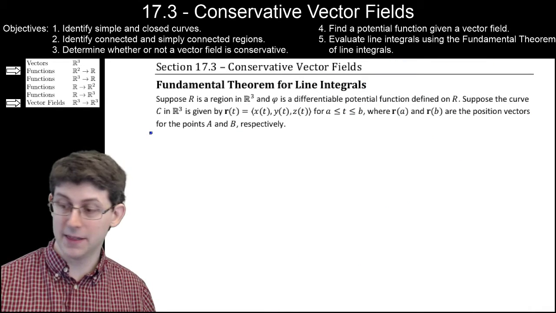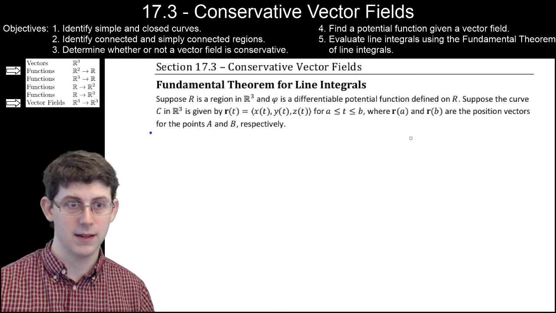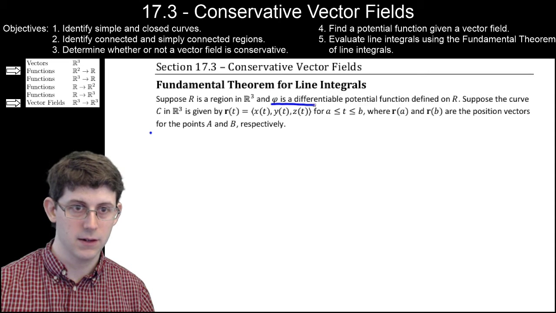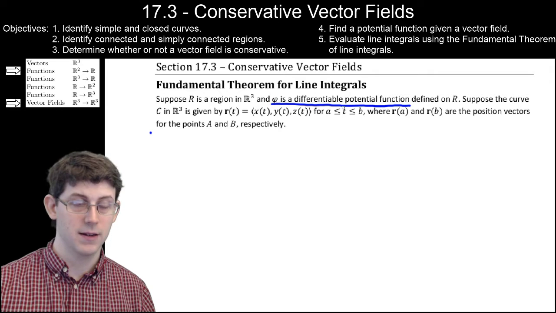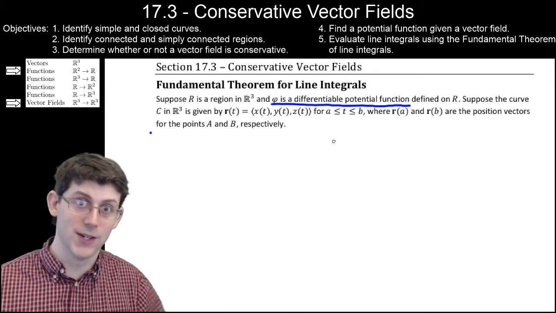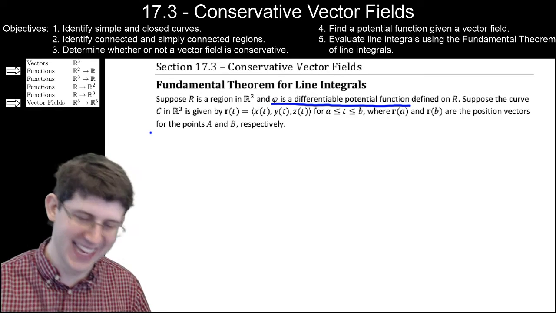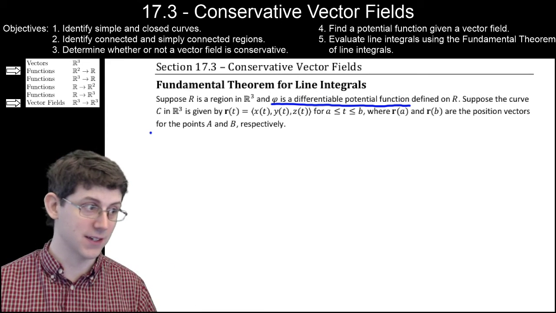So this is the fundamental theorem for line integrals. It says that if you have a conservative vector field, namely you know the potential function, then you can do line integrals using the potential function.